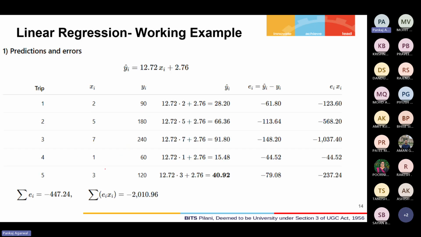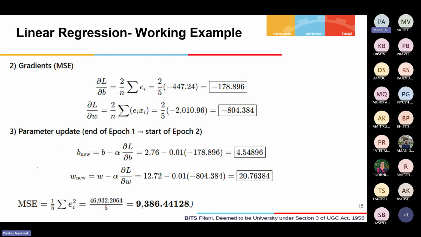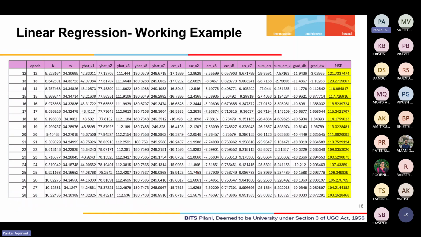Then I gave you the entire iteration, what is happening with each and every input. I hope you must have gone through it. Then we calculated the MSE again for the second epoch. Obviously, I cannot show the entire calculations for all the phases and all the iterations.